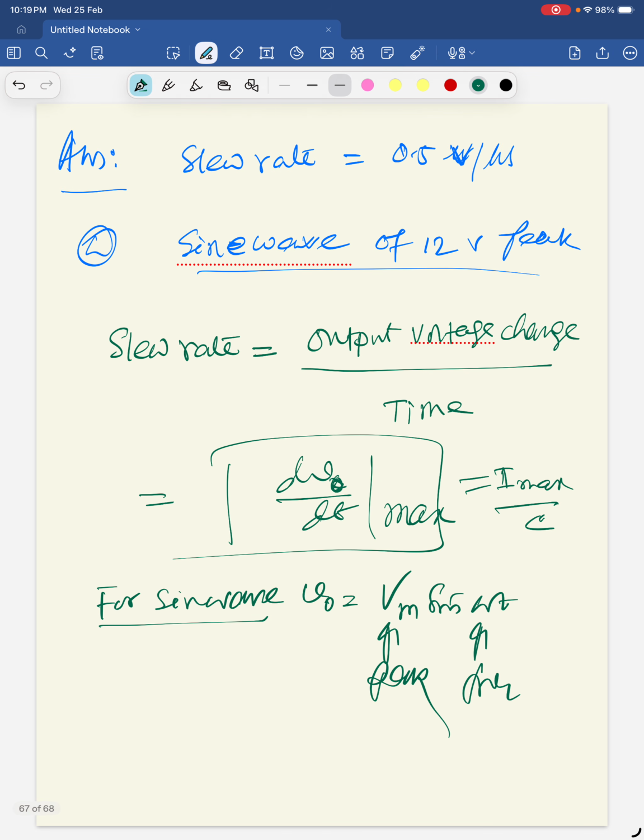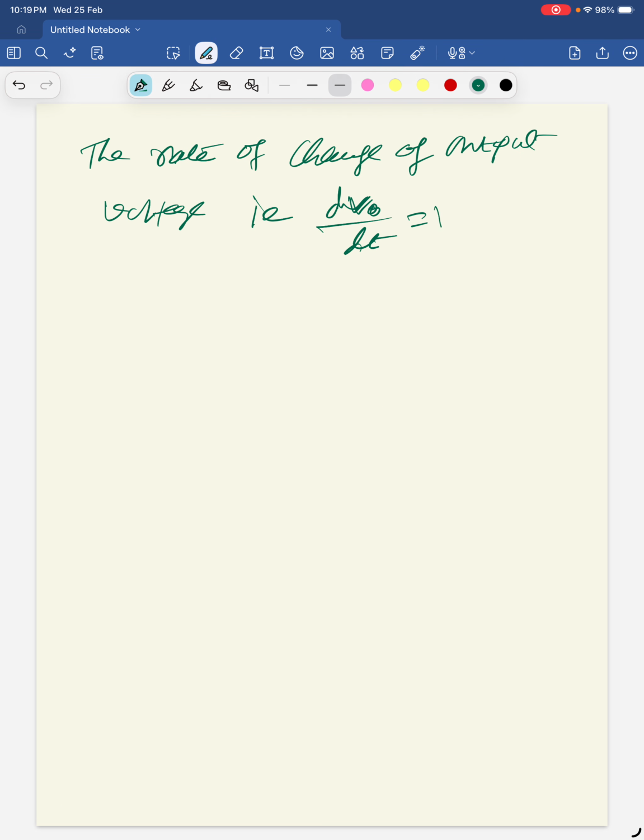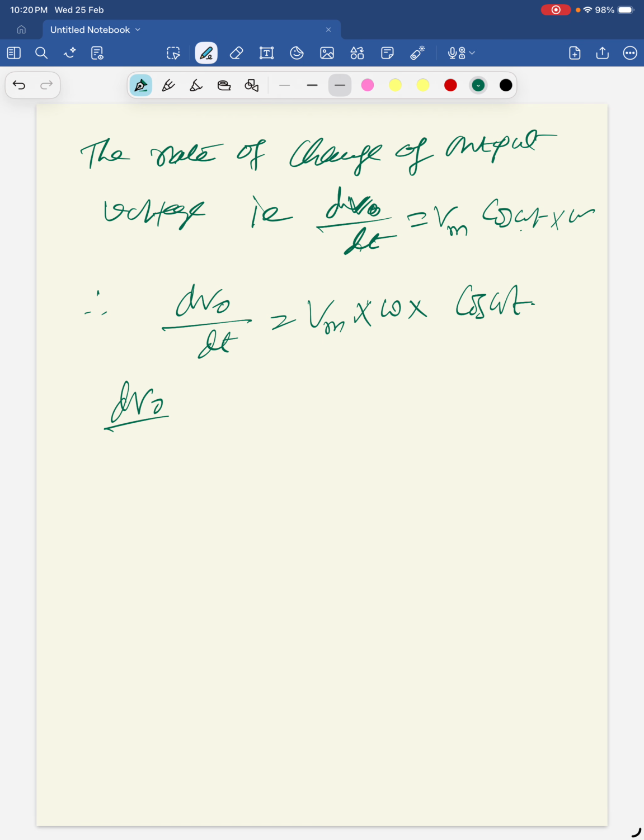So dV0/dt, if V0 is equal to Vm sin omega t, on differentiation it should be cos omega t into omega. So ultimately what we get, dV0/dt is equal to Vm omega into cos of omega t. Now you will find out dV0/dt max.